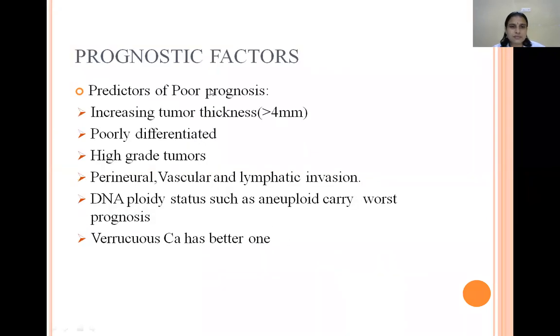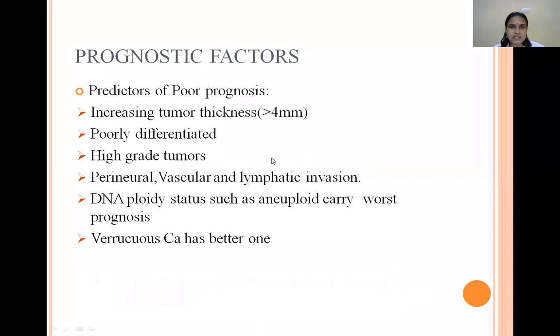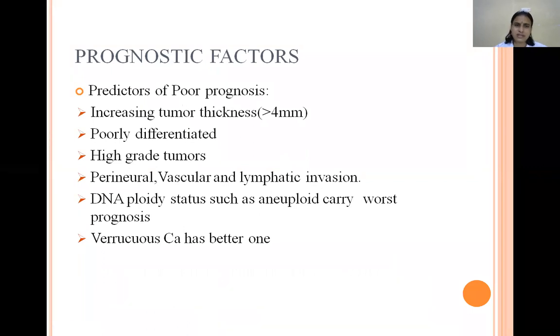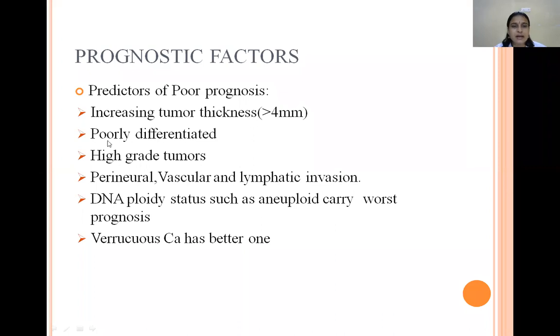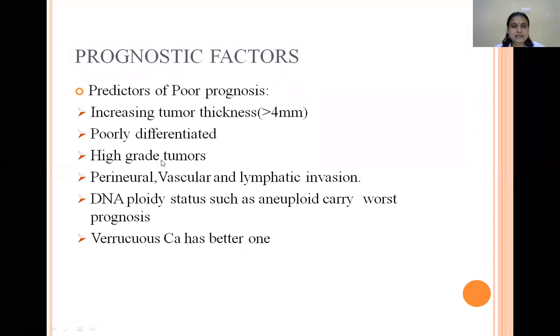So, prognostic factors. Carcinoma tongue usually carries a poor prognosis, and the indicators of poor prognosis are when the tumor thickness, not the size of the tumor, that is the depth of the tumor, is more than 4 millimeters. That is deeper tumors, and also histologically when they are poorly differentiated, high-grade tumors.